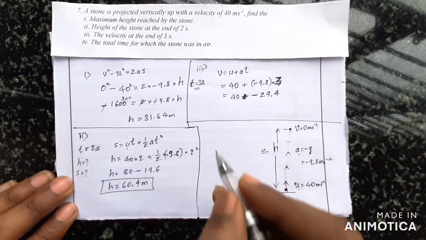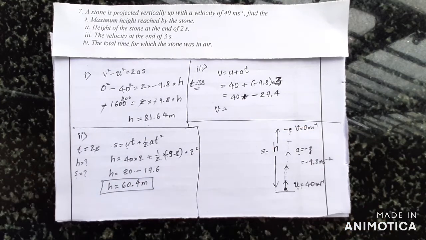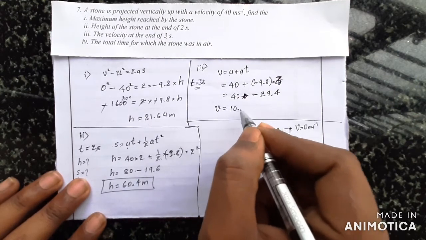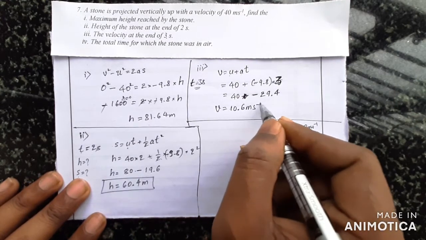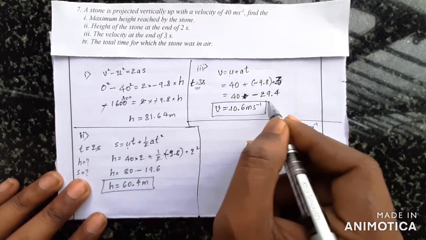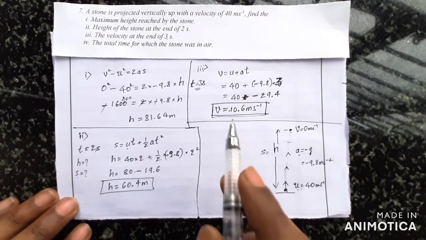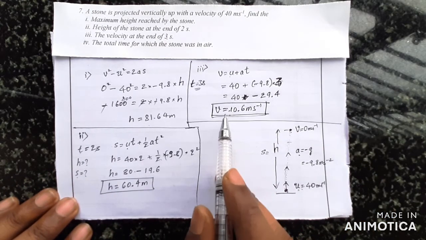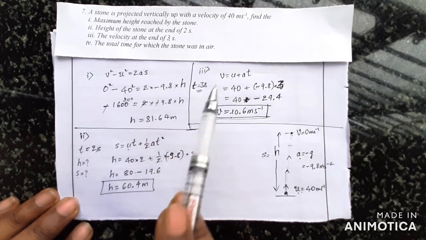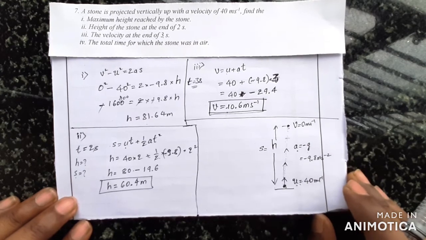Okay, and you subtract them, and hence the final velocity will be plus 10.6 meter per second. So this is the final velocity of the stone at the end of 3 seconds. That is about the third sub question.